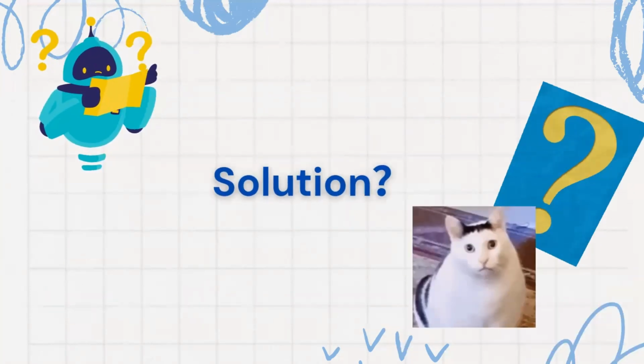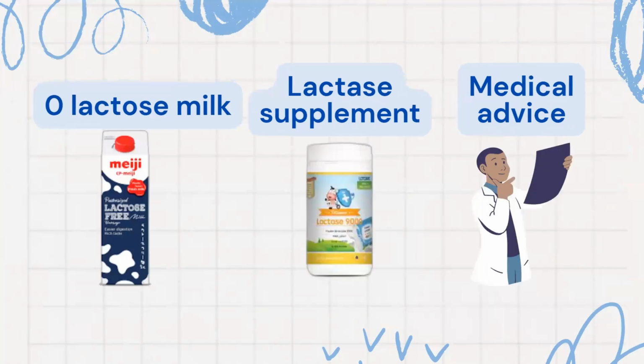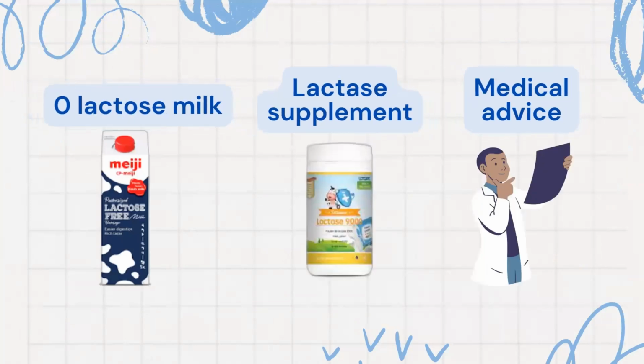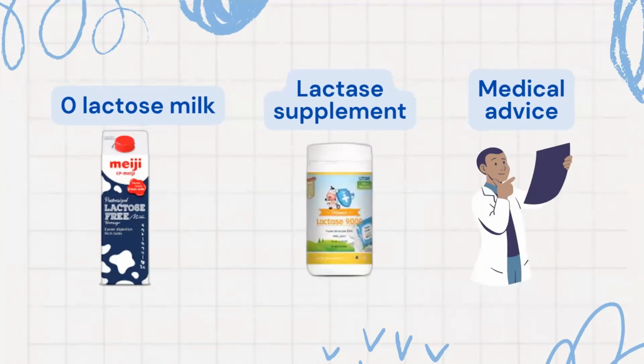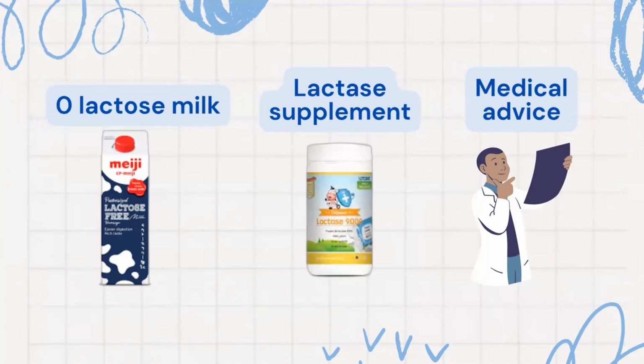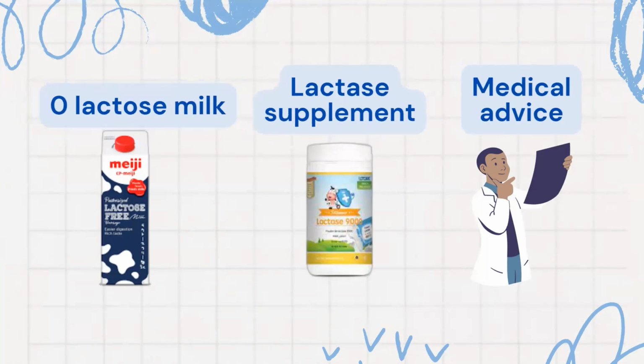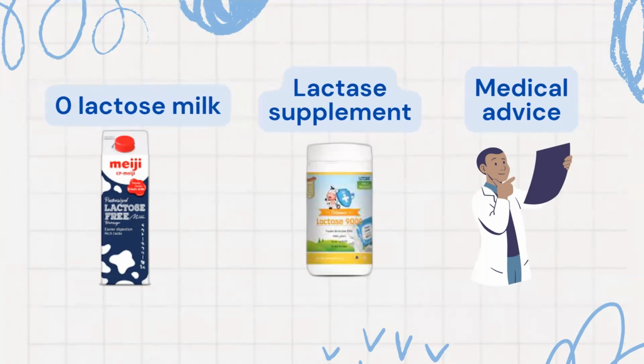But there are also some ways to deal with lactose intolerance. The first one is zero lactose milk, which reduces the lactose content of milk and ensures adequate intake of other nutrients and calcium from milk. Secondly, lactase supplements can be used with food to avoid lactase deficiency.